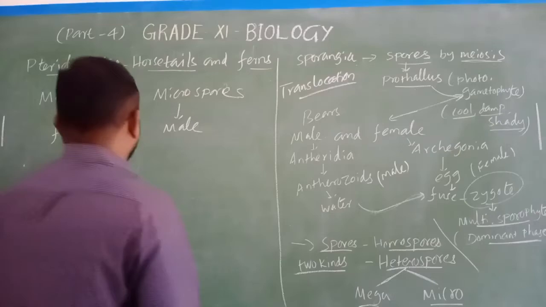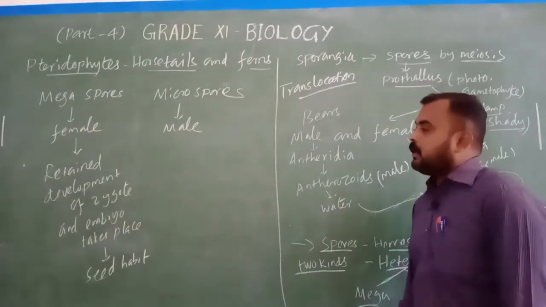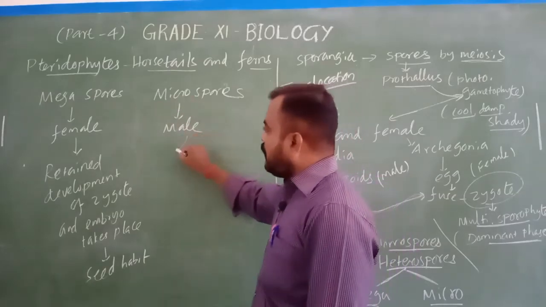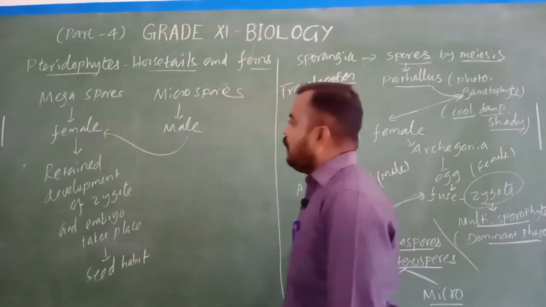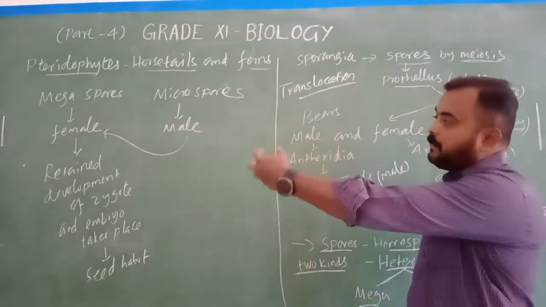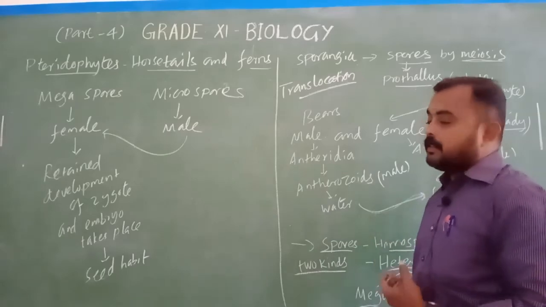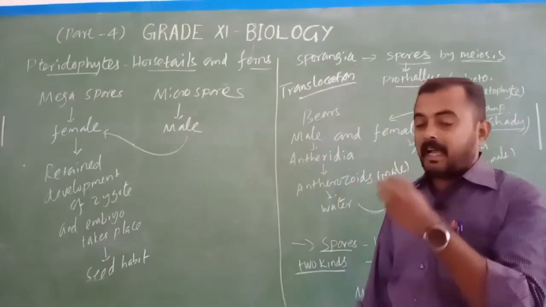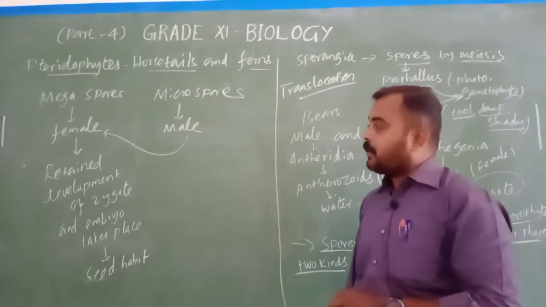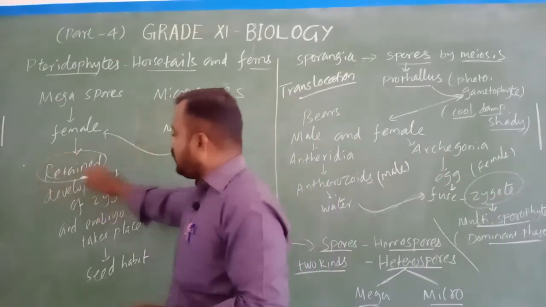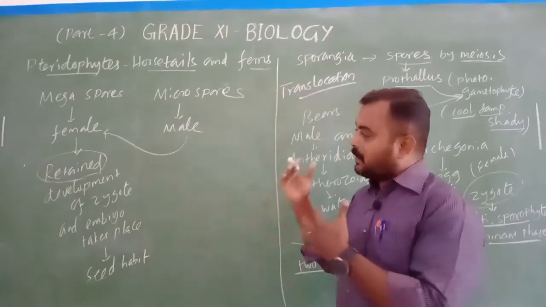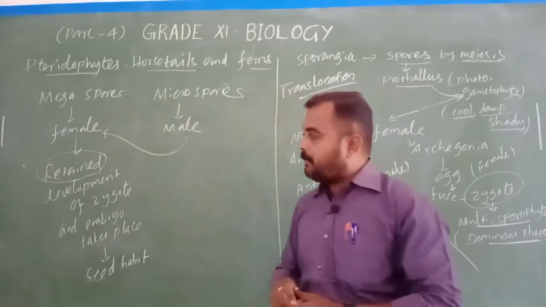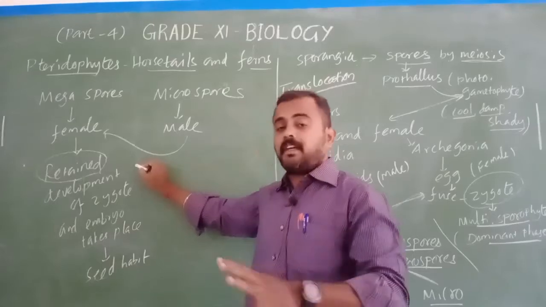See here, the microspore is male. The megaspore is what? Female. So what happened? The male goes to the female reproductive organ. The female gamete is retained in the female reproductive system, but the male spores enter into the female, then fertilization happens.